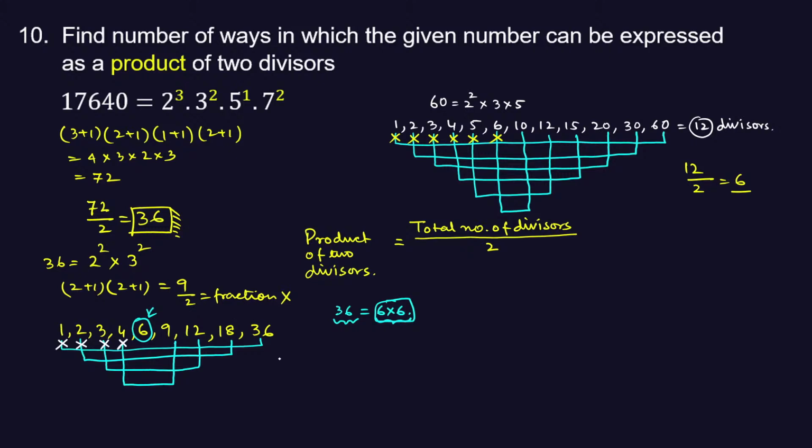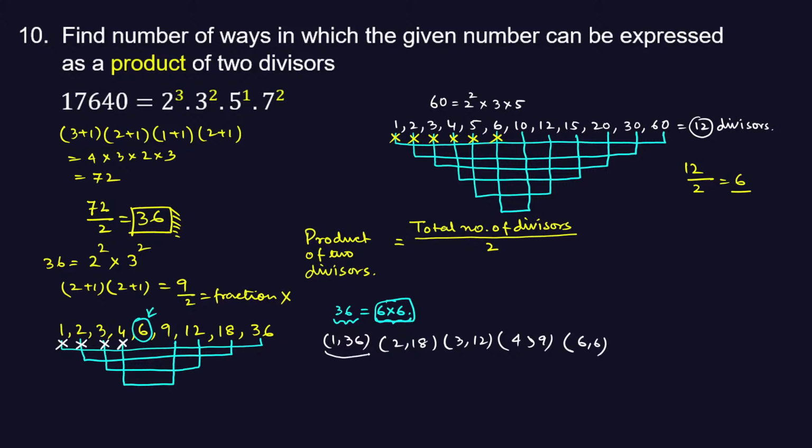Therefore, total number of ways in this case will be what? It's not only 4, it will be 5. Yes or no? What are those numbers? It will be 1 into 36, 2 into 18, 3 into 12, 4 into 9, and at the same time, 6 and 6.